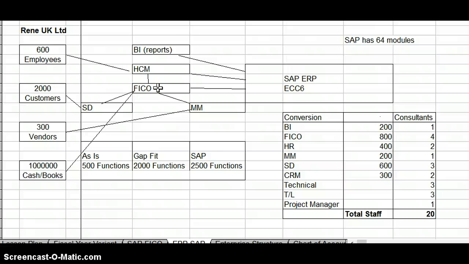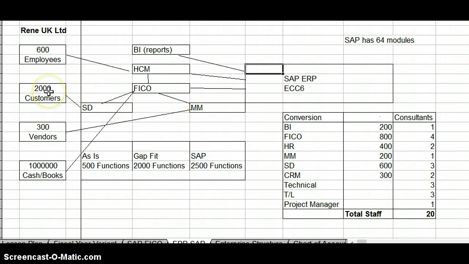And since employees are human capital, then anything relating to the employees with regard to money would go into the FICO module. And then the Human Capital Management module, which has a graphic user interface to it, will connect to the SAP ERP database.